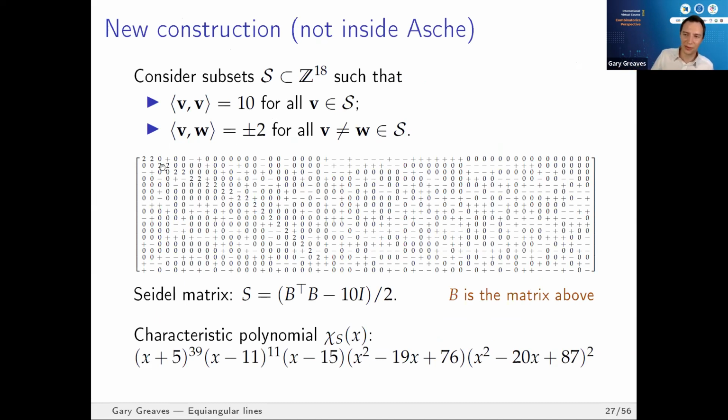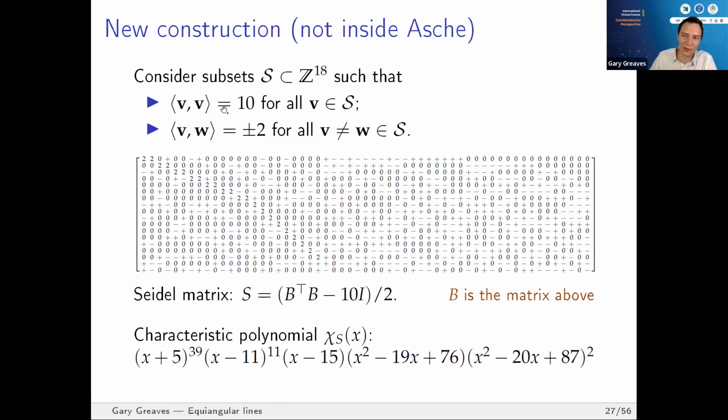You simply take these integer vectors. What we did was we looked for vectors whose entries are all integers. So you have 18 coordinates, all of them integers, and you look for them having squared length 10.